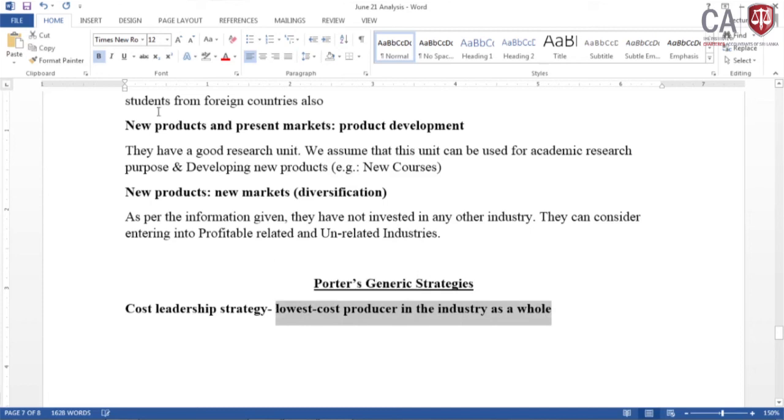Is there any possibility? At the moment they have started the cost reduction program. I will show you that information.